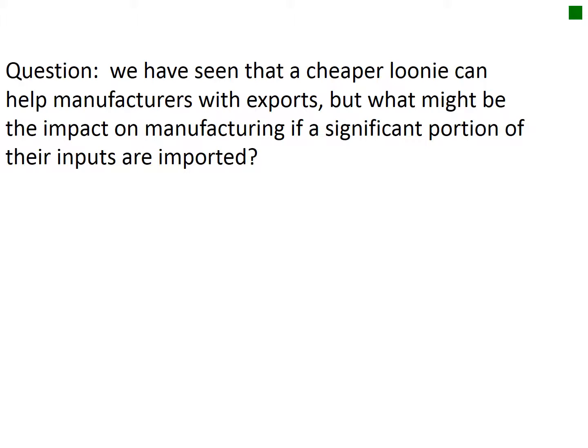Okay, so just a question to leave you with. We've seen that a cheaper loonie can help manufacturers with exports, but what might be the impact on manufacturing if a significant portion of their inputs are imported? So, with a cheaper loonie, imports are more expensive.